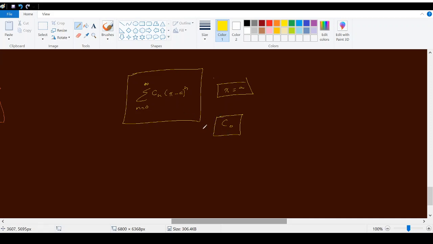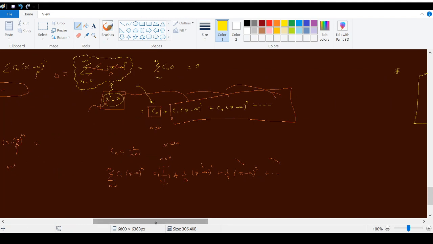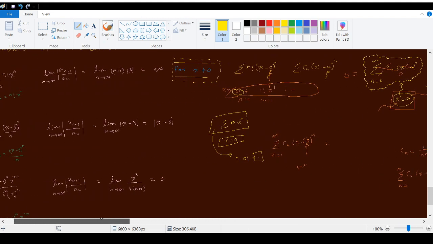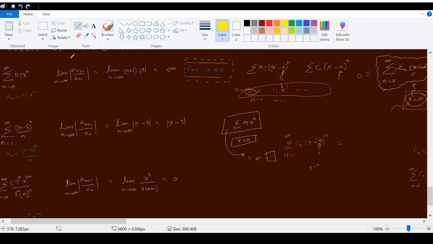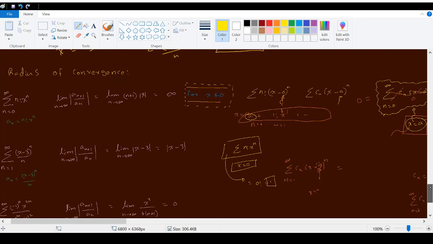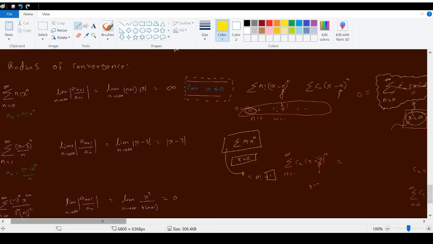The series will be equal to the first term of the sequence Cn, right? So this is one thing that we should keep in mind when you have a power series: for the center value of the power series, it will converge. We will study more about the radius. Still, I did not introduce you to the exact meaning of radius, and we will do it in the next video.